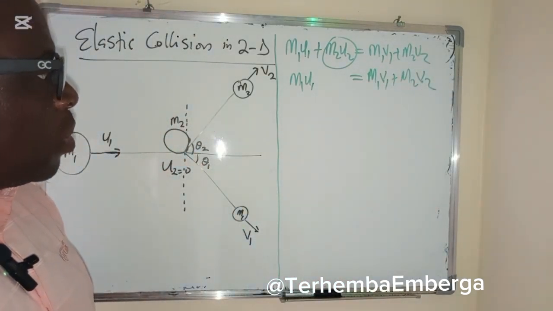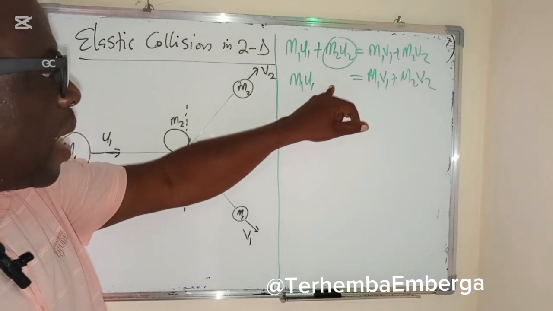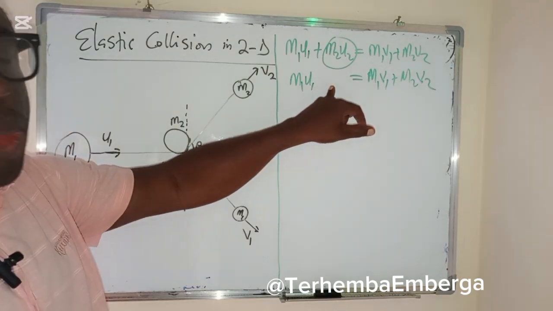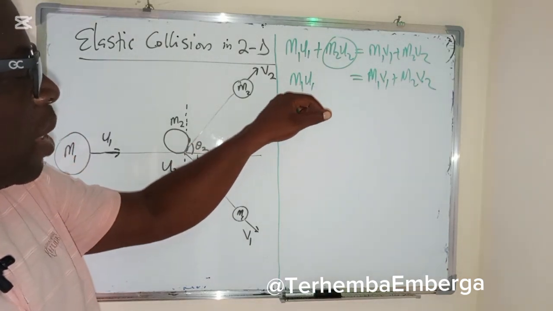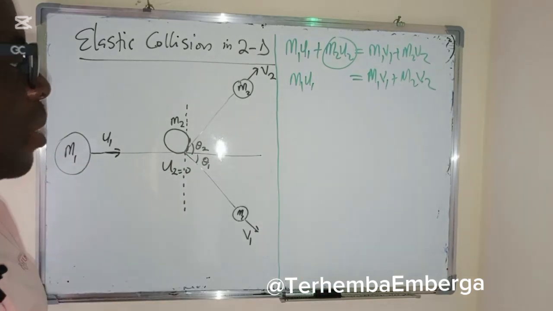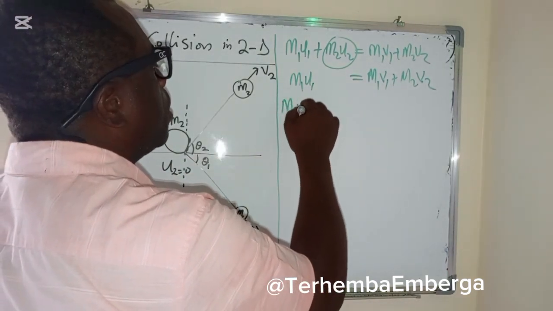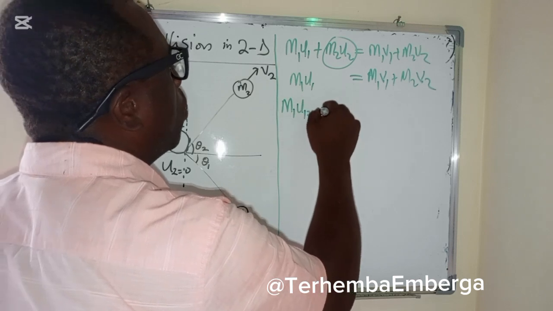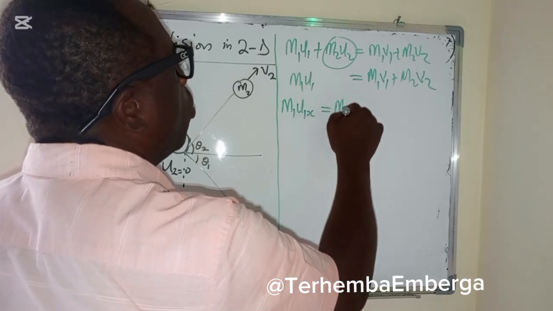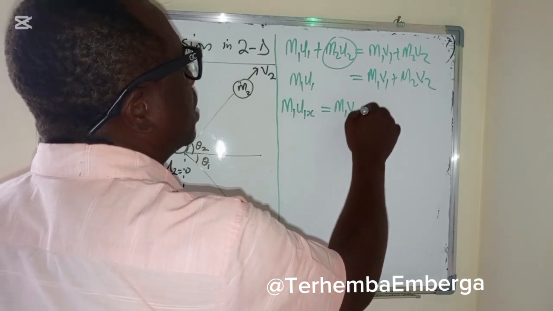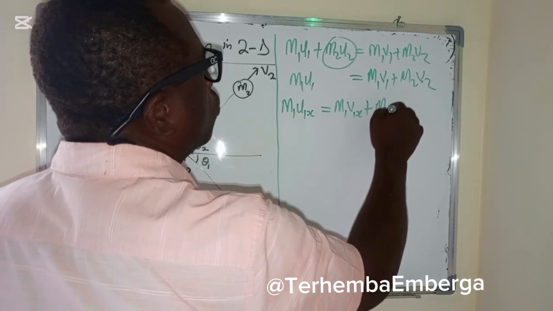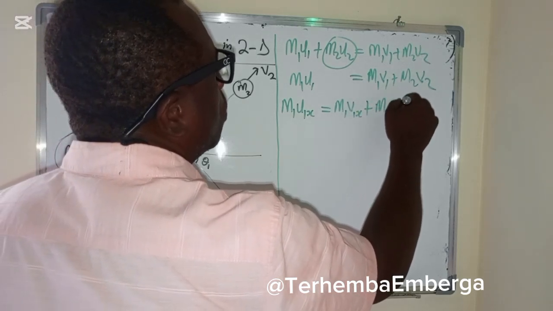So we can now write this into both the x components and the y components. For the x component, we can write this as m1 u1x equal to m1 v1x plus m2 v2x.